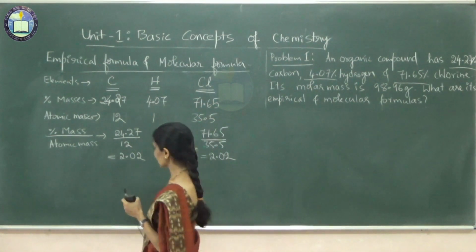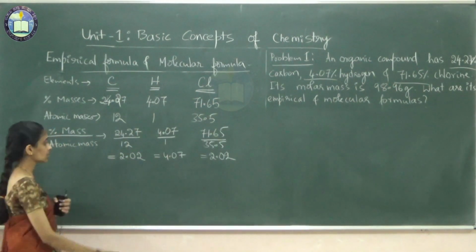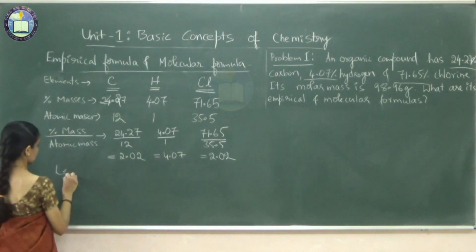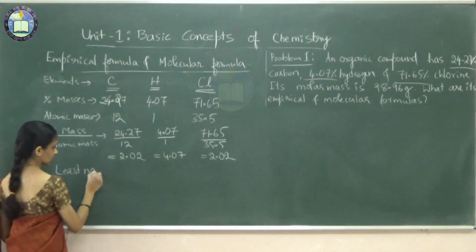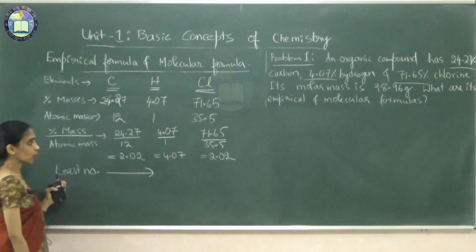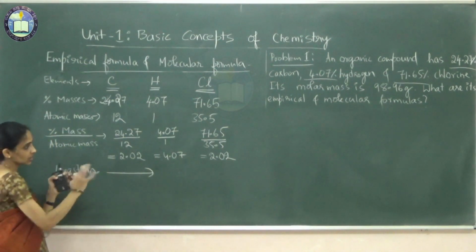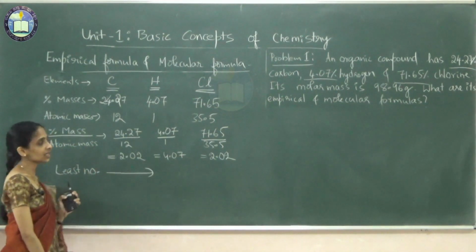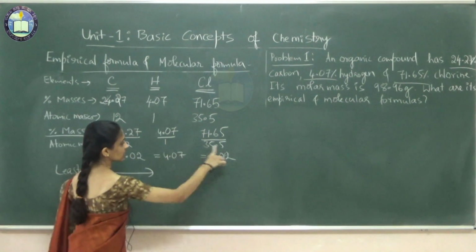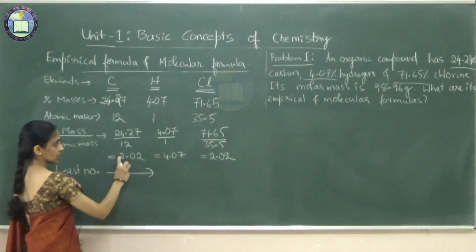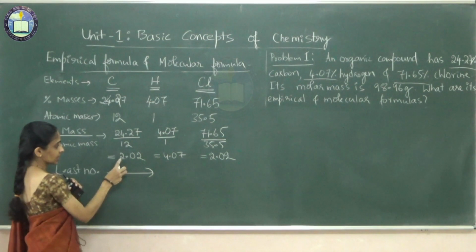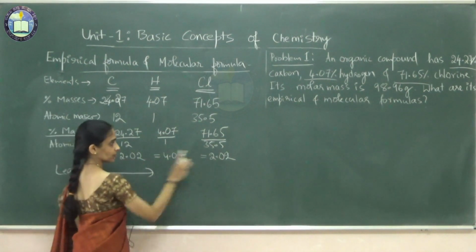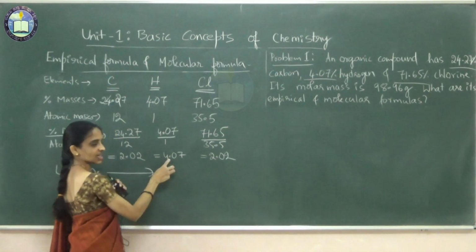Now among these three new numbers, you pick up the least number. So the fourth step is to write the least number among these three. Which is that least number? It is 2.02, is it not? This is the highest number.